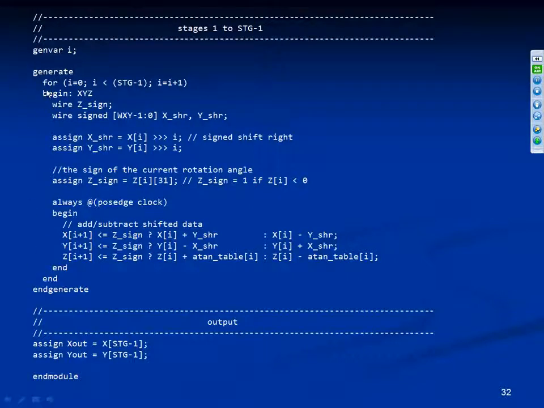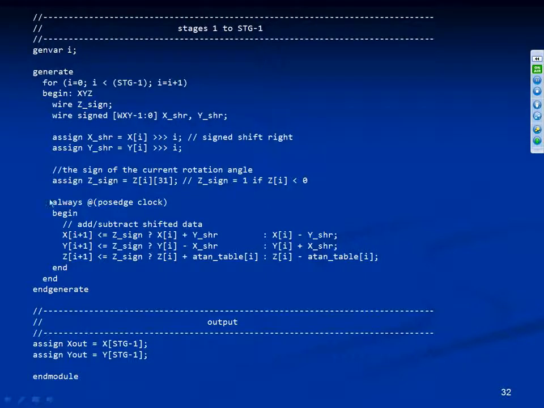I called it XYZ. So the generate is going to take everything in this block and repeat it STG times. It's just like replicating it, except when it replicates, I've got stuff in here that's based upon the value of I. So let's look at what's in this begin and end block now. First of all, I have a wire declaration called Z sine.